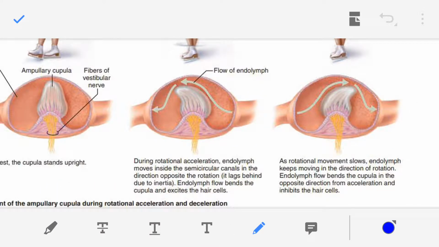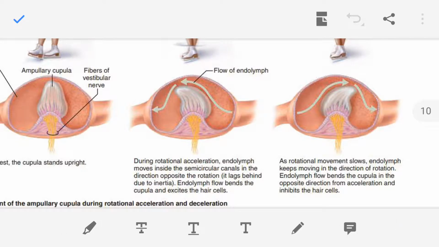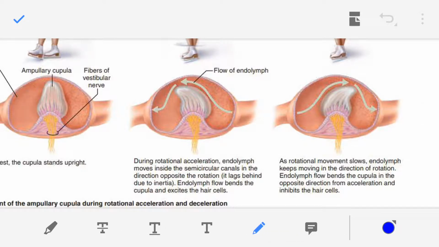During rotational acceleration, endolymph moves inside the semicircular canal in the direction opposite the rotation. And why did this happen? Because the endolymph lags behind due to inertia.